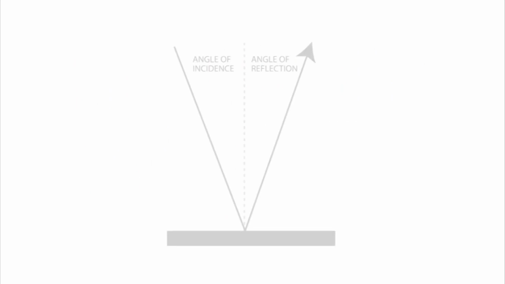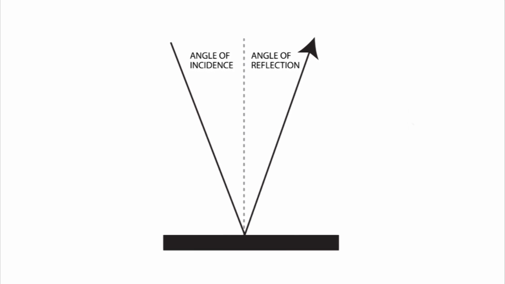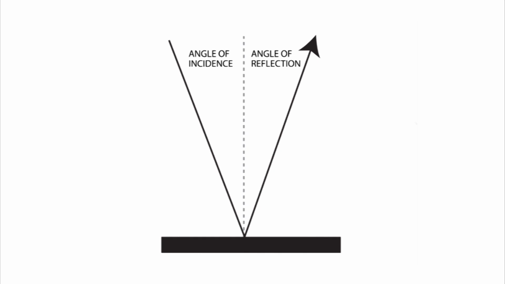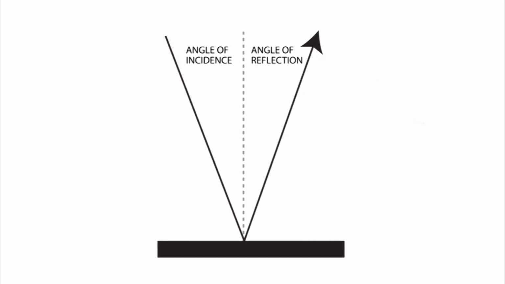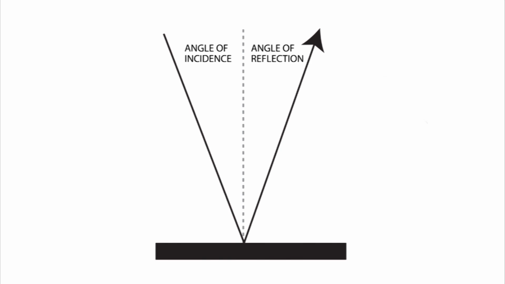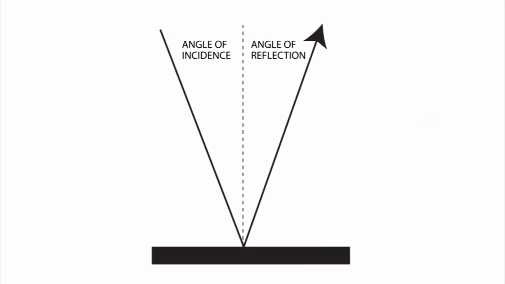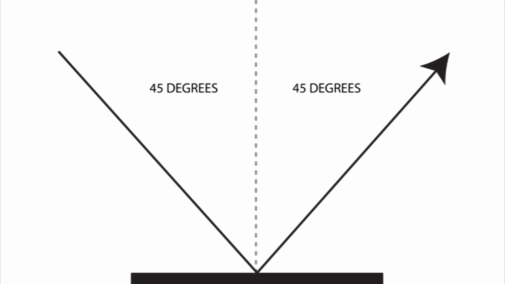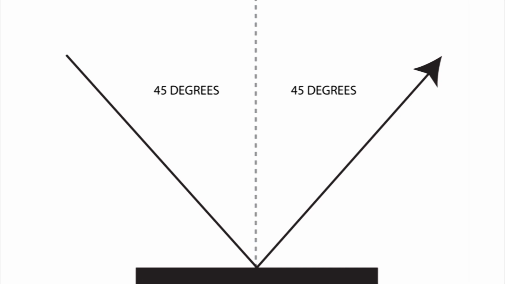Light bounces off objects in a way that is predictable. The rule is that the angle of incidence, the angle at which the light strikes a surface, is always equal to the angle of reflection, the angle at which the same light will be reflected off of the surface. Imagine you set up a light at 45 degrees to the left of a narrow mirror.